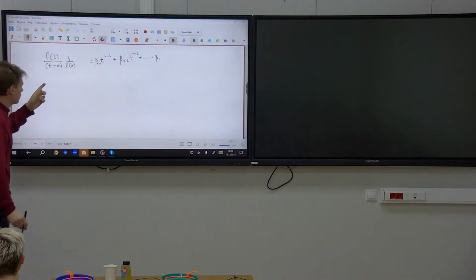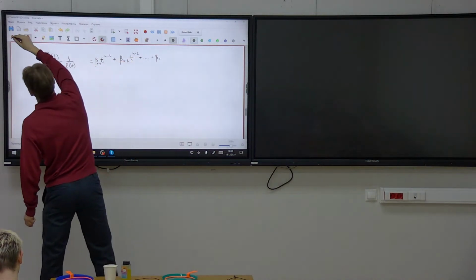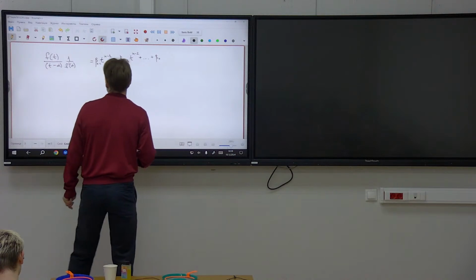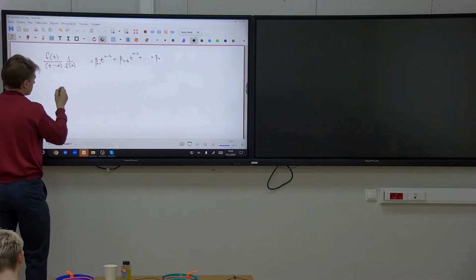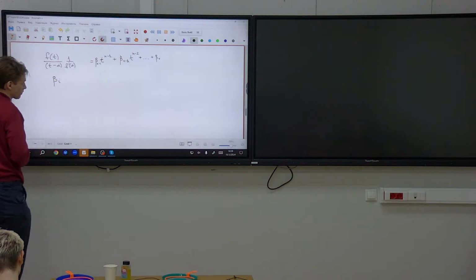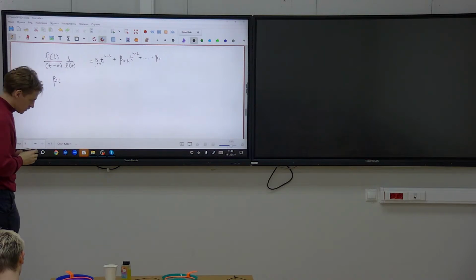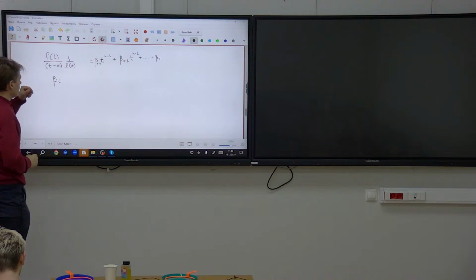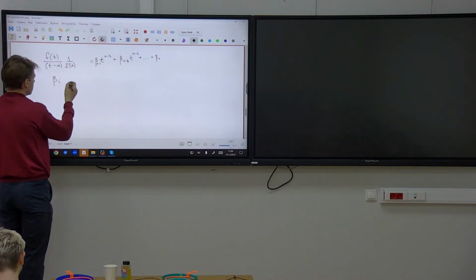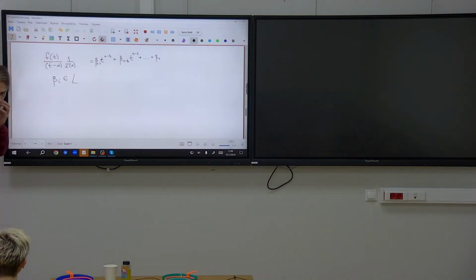What is the benefit? The beta i's are of course elements of the field L, but notice that they have two parts.